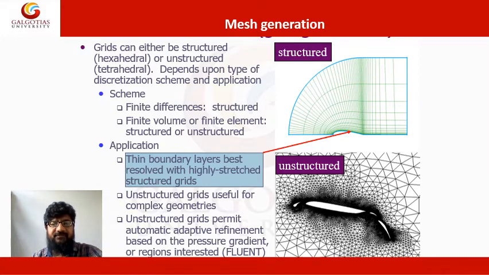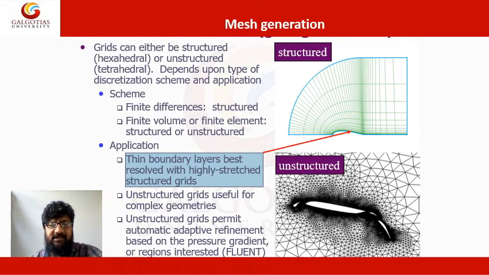These types of mesh make it comfortable to customize our mesh. Sometimes we want highly stretched grids or refinement zones where the grid points or the cells are clustered. For thin boundary layers, where we want to resolve the boundary layer properties with sufficient accuracy, a highly stretched structured grid is used.